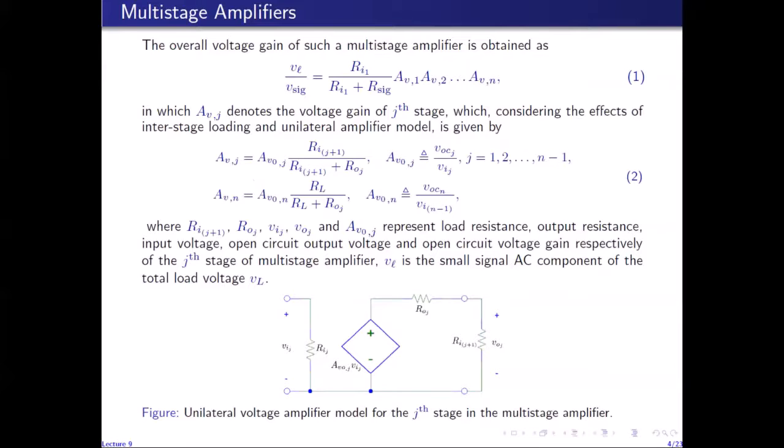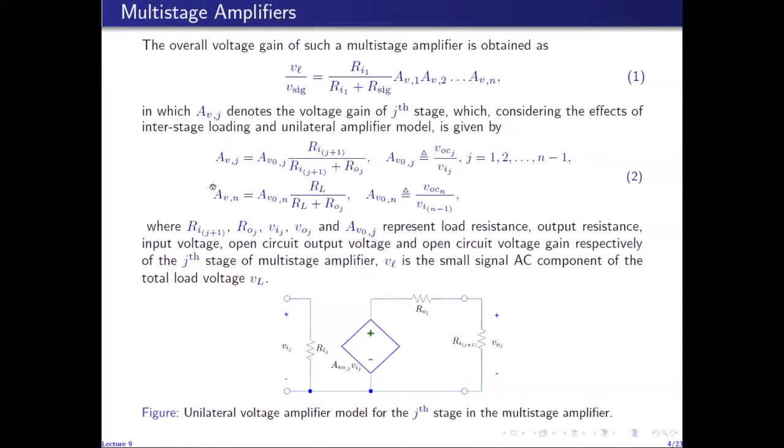So if you go back to lecture 6 and lecture 7, where we discussed common emitter and common base amplifiers, and look at the approximate expression for the loaded voltage gain, AVL, excluding the factor of loading on the input side, because we have already taken this factor here into account. In those approximate expressions we derived for common emitter and common base amplifier for the loaded voltage gain, if you ignore the expression for the loading on the input side, then the remaining approximate expression is actually exactly equal to this thing.